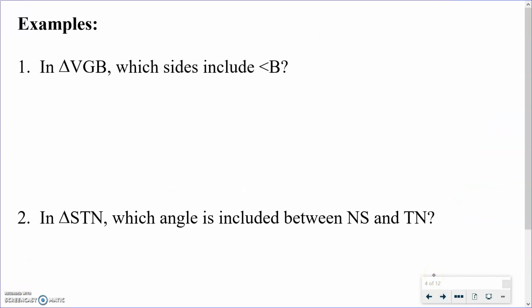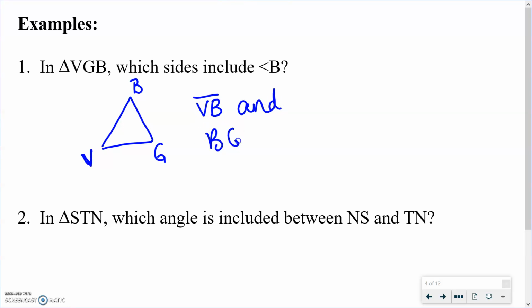Okay, so let's say there's a triangle VGB. That means we're just going to label this triangle V, G, and B. We want to talk about, just given that information, which sides include angle B, and that's side VB and side BG, because those are the 2 sides that form angle B right here.